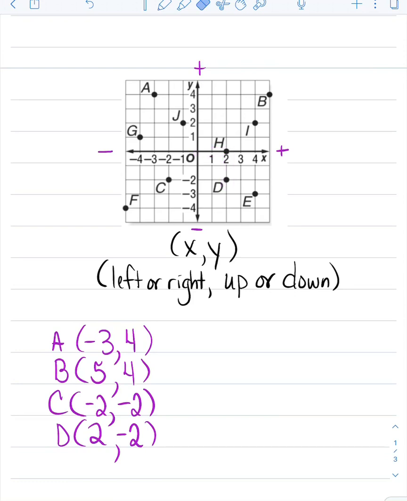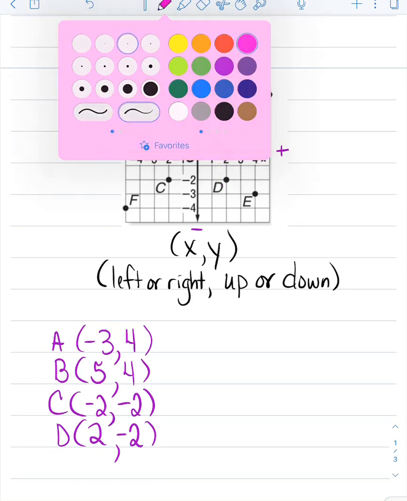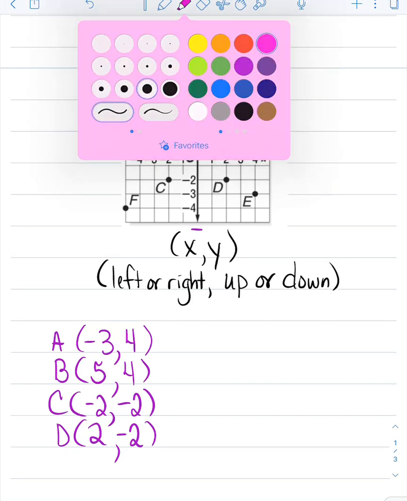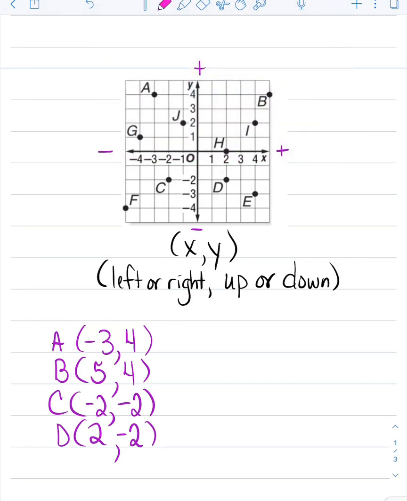So now let's look at something else that you may encounter. You also may encounter being given the coordinates and asked to find what's at that location. So let's practice some of those. I'm going to give you the point -4, 1, and I'm going to ask you what's at -4, 1.